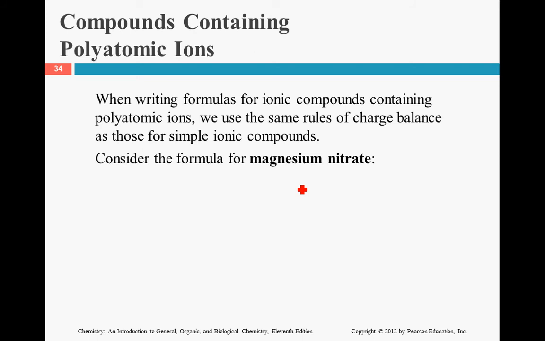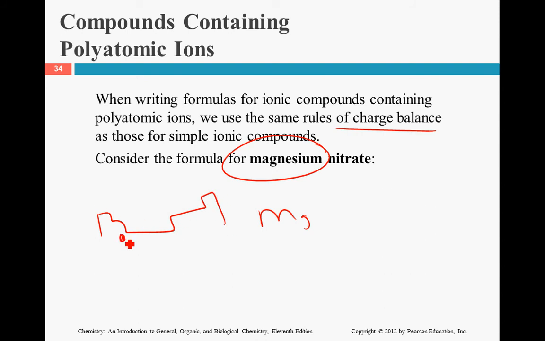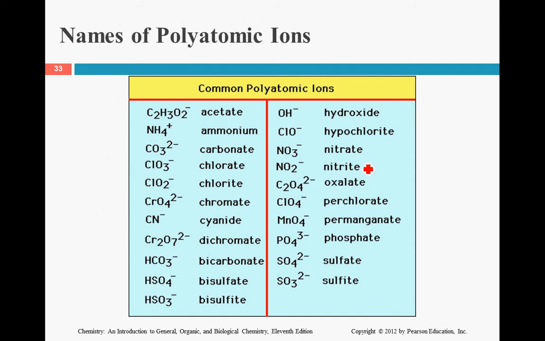So you're going to use the exact same rules that we use for the other naming of ionic compounds. We need to make sure that the charge balances. Magnesium is Mg, and if we look at the periodic table, it's right here. That has a +2 charge. And then nitrate is right here.